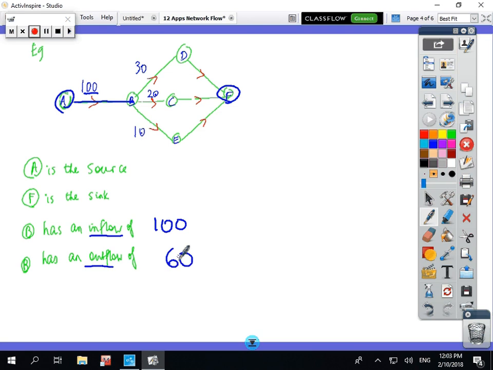So obviously it's not using all its inflow, it's got some reserves. So inflow into B was 100, but the outflow was only 60, so it has an excess of 40. Okay, so copy that and come across.